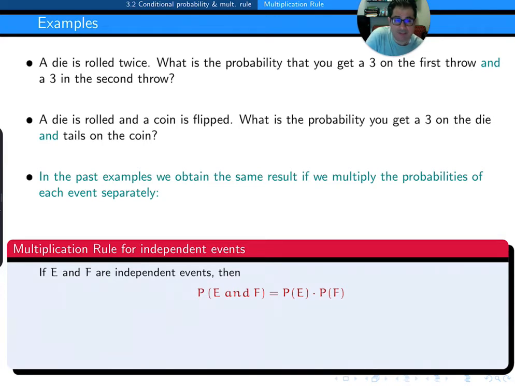If you have events that are independent, and you want to know the probability of one of them happening and the other one happening, then you just multiply the probabilities, if you know that the events are independent. Now, sometimes we assume the events are independent when it's hard to justify that assumption in real life. We'll see examples, but this is how it works.